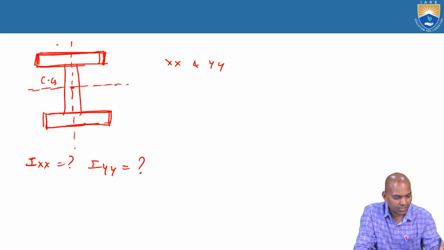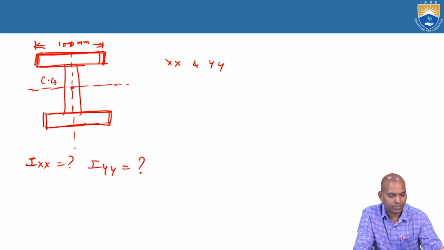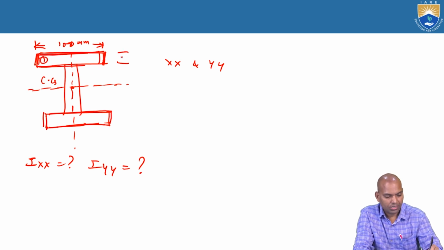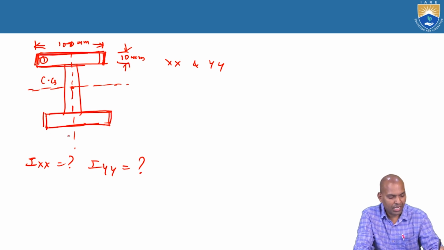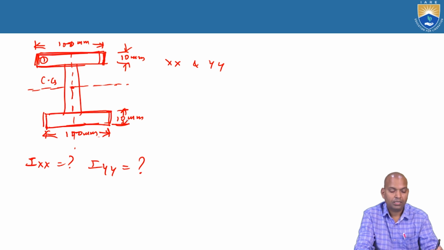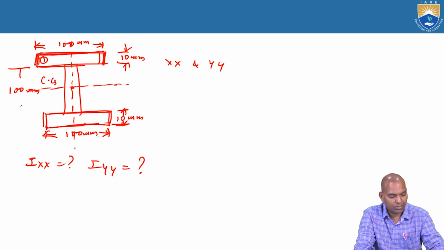Now, in this case, the top flange is 100 millimeters wide and 10 millimeters thick. Similarly, the bottom flange is 100 millimeters wide and 10 millimeters thick. The distance between these two is again 100 millimeters, with 10 millimeters thickness.